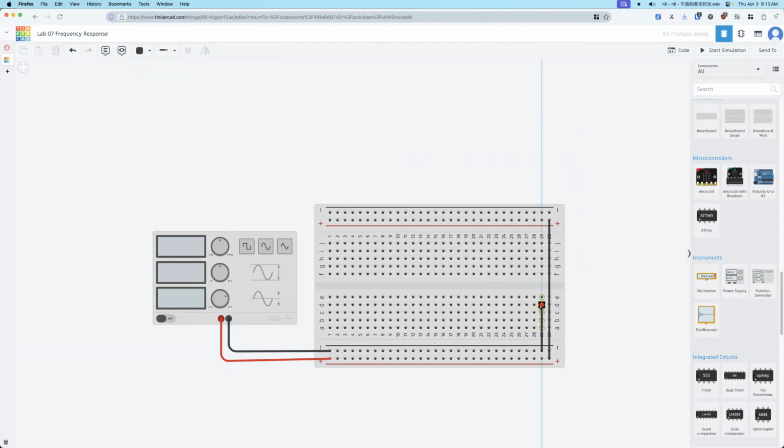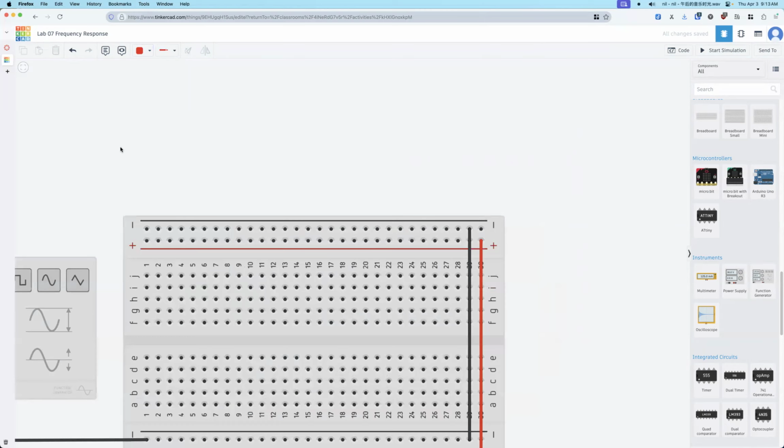This is negative. I need to change this back to red. Now the power lines are connected. Let me double check: positive, positive, negative, negative. Then we need a resistor.